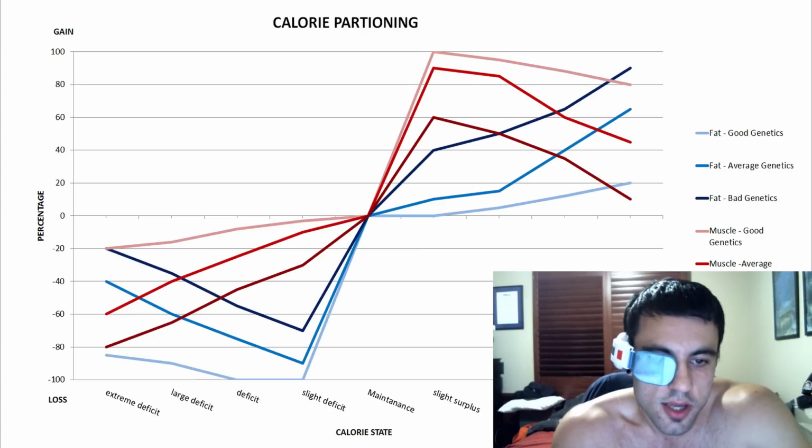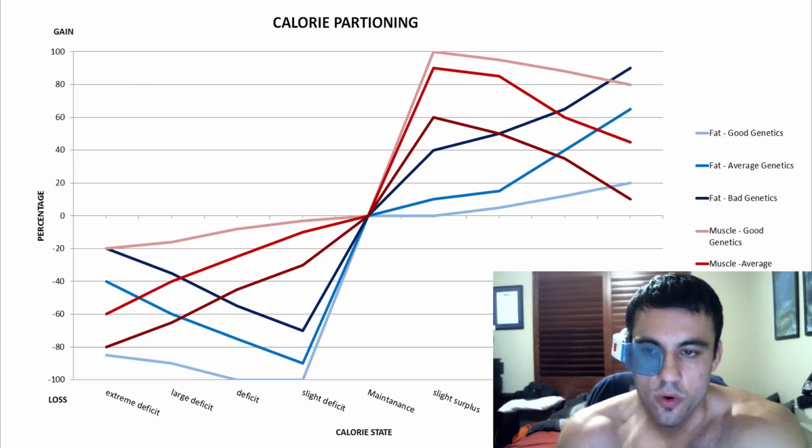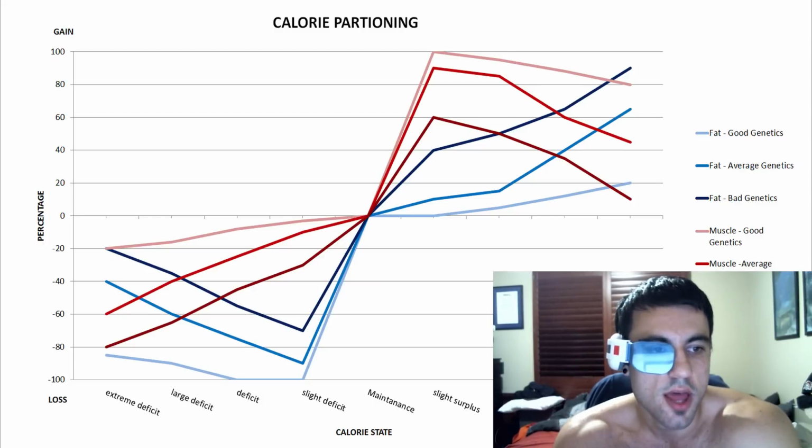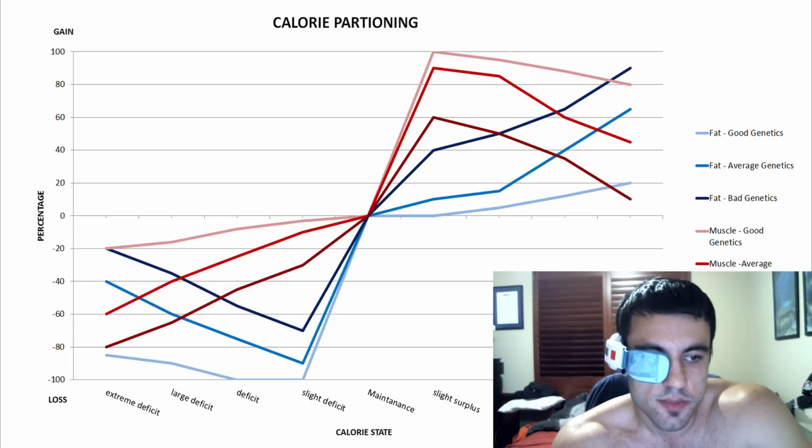Then basically the next graph is the 2-in-1. So what would my recommendations be for dieting and how to get the best calorie partitioning? Well, what you want to do is basically stay within that slight deficit and slight surplus range.